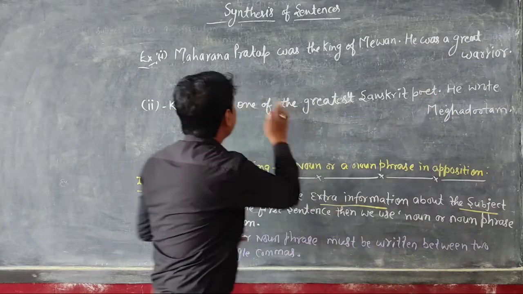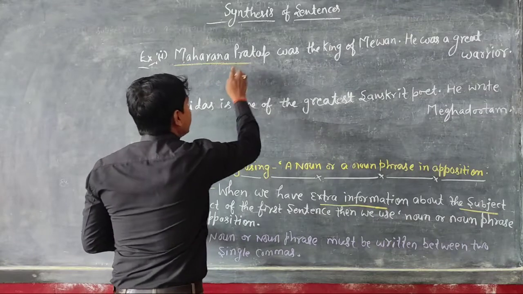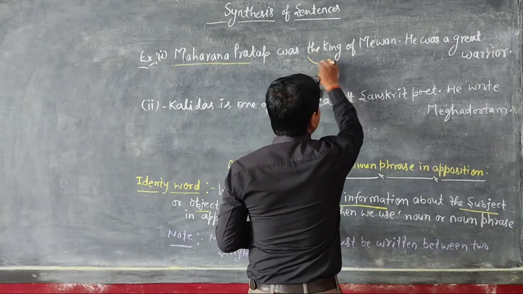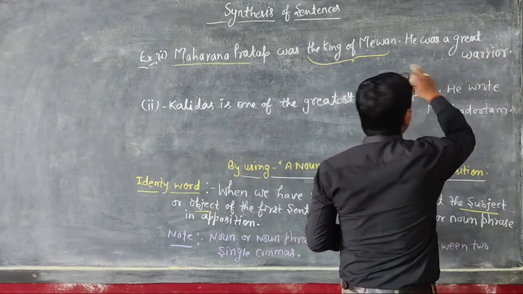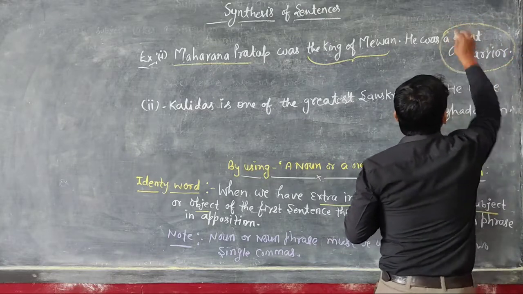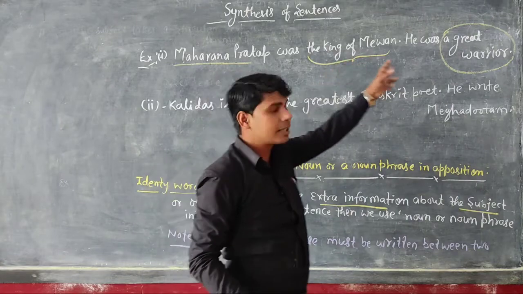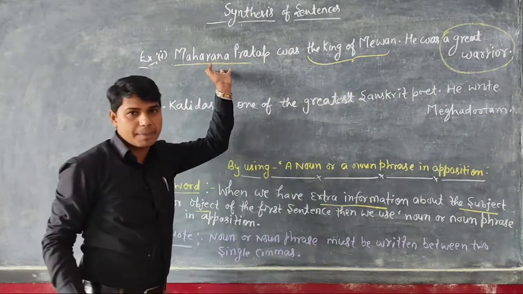In the first sentence, about Maharana Pratap we have additional knowledge that he was the king of Mewar, and in the other sentence we also have additional information that he was a great warrior. So these two phrases are additional information about the noun Maharana Pratap.